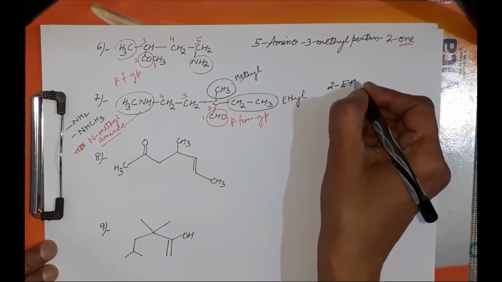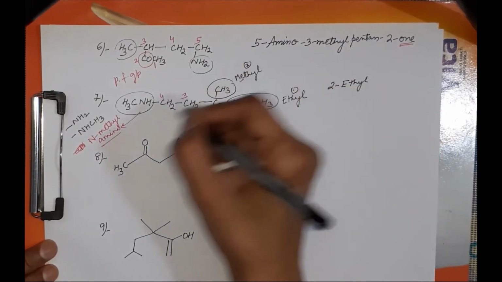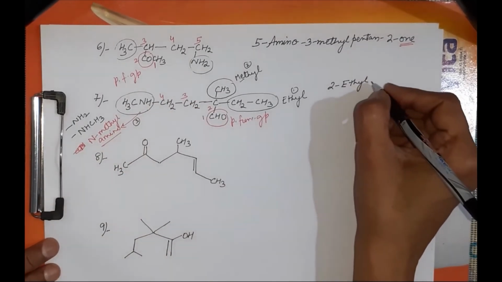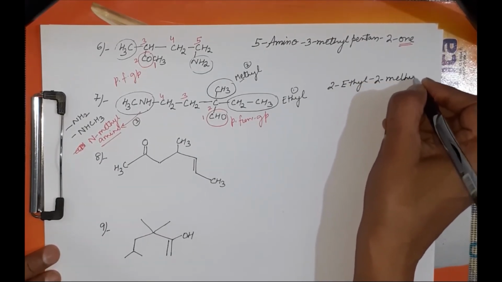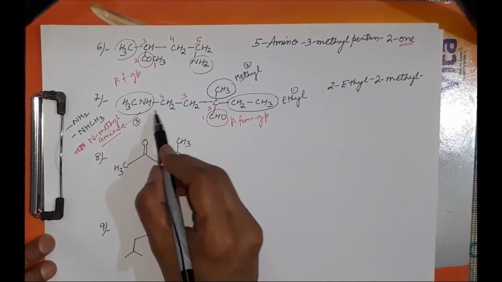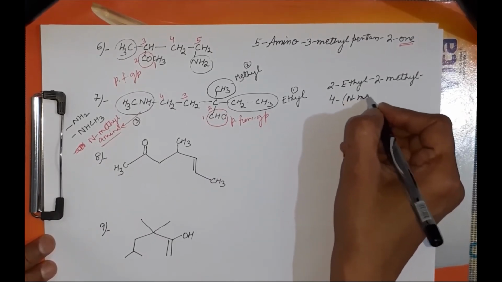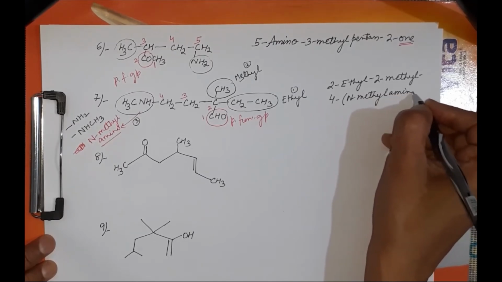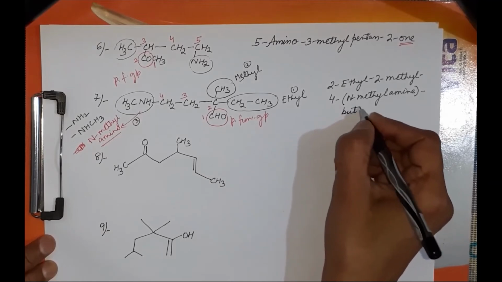So 2-ethyl, this will be number 1, this will be number 2, and this will be number 3. 2-ethyl, 2-methyl, and then the position of the substituent is 4 within bracket, N-methyl amino, bracket close, butanal.